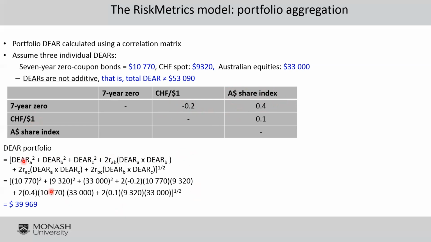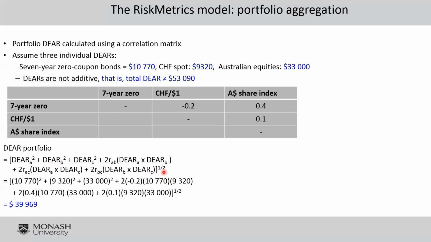So we will bring DEAR A, DEAR B, DEAR C. This is the fixed income, this is the foreign exchange, this is the equities, and then the correlation between the first and the second, the first and the third, and the second and the third.